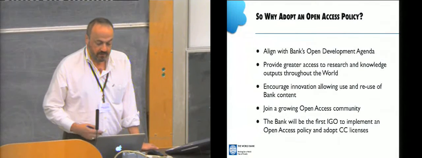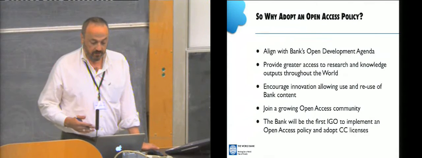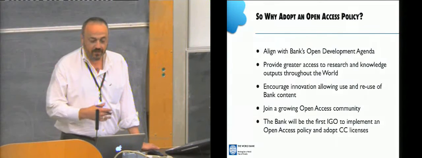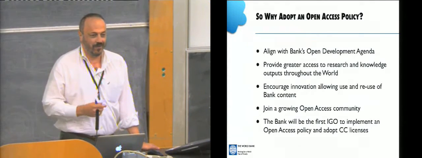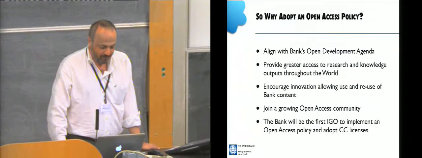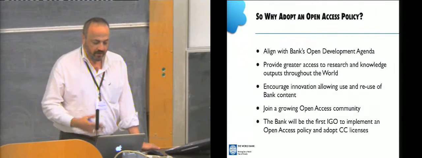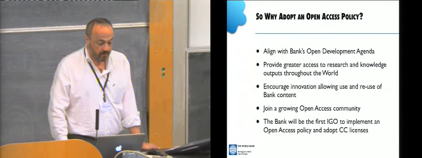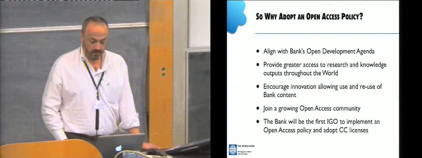We want it to be used and reused in as innovative ways as possible, much like our Open Data Initiative. So we're making the Creative Commons license as liberal as we can. We want to join your community, so that's one of the other objectives. And within the IGO community, we want to be the first. We want to lead that community in terms of implementing open access, and indeed put some pressure on them to join us.